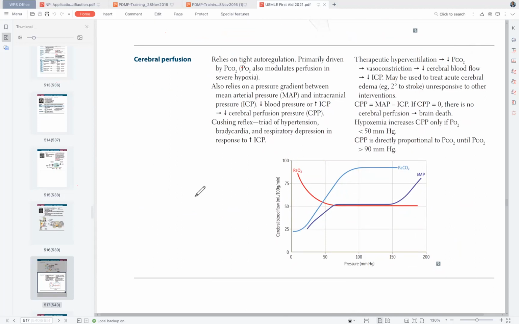The PCO2, the hyperventilation, and all that. So basically, what you want to know here is, in the lungs, if somebody does not get a lot of oxygen for a long time, like hypoventilation, what happens to the blood vessels in the lungs?